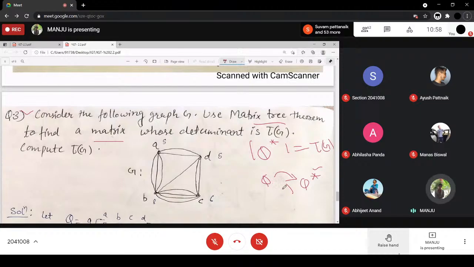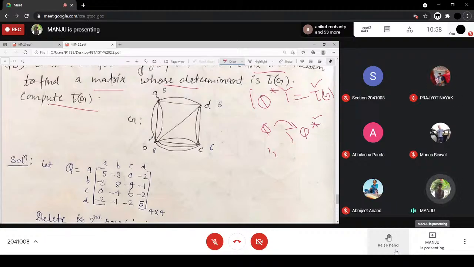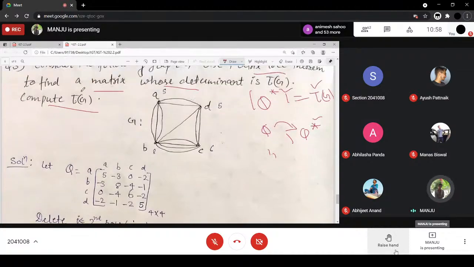I'll suggest that in almost all cases you can delete the first row and first column, so that 1 plus 1 gives 2 and -1 raised to power 2 gives 1 only. So the determinant of this matrix Q star will directly be the number of spanning trees. First determine the matrix Q star and then compute the determinant, giving tau G.